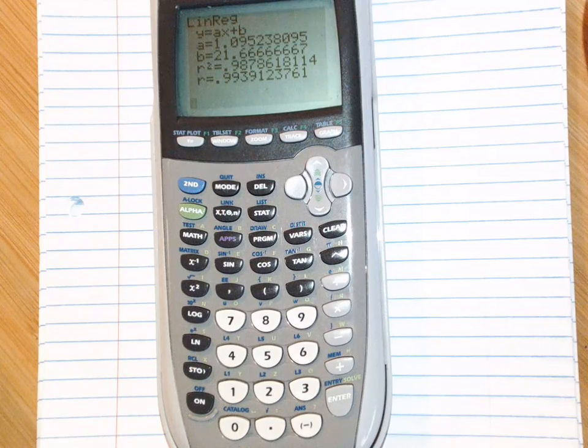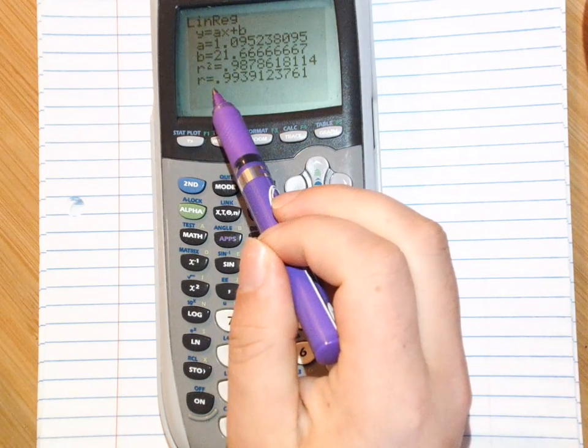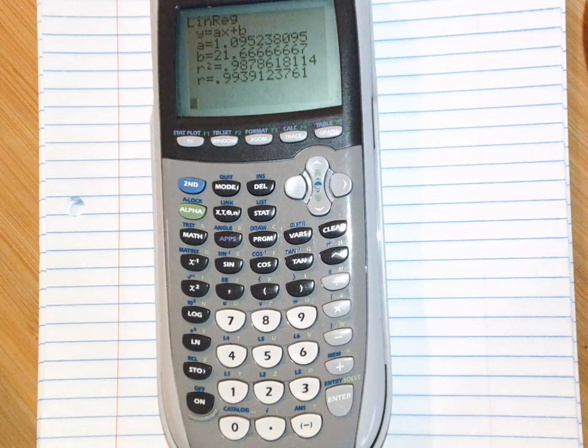The data that I'm really looking at right now is this R value right here. That is called your correlation coefficient. The closer the R is to +1 or -1, the straighter the line is.